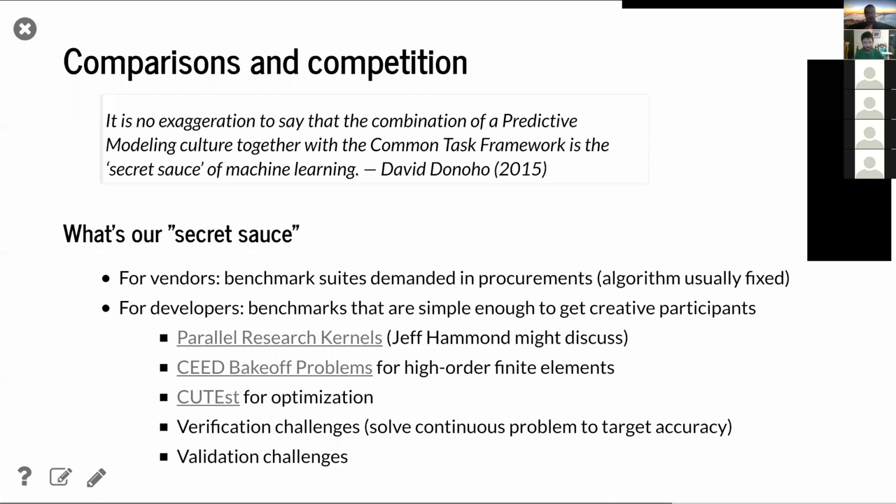So comparisons are somewhere that I think we tend to be lagging in scientific computing, of having good comparisons that are widely used. There's a few benchmarks that are well known, but often I would say they're over-specified. And I would love to see more domain application driven benchmarks. This Donoho paper from 2015 is like the 50 years of data science.